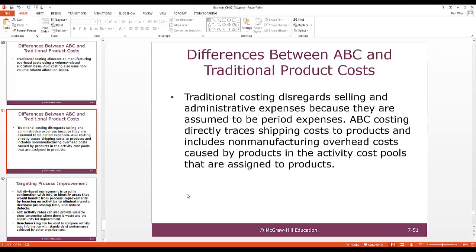Our traditional costing system generally disregarded selling and admin costs because they were assumed to be our non-manufacturing or period costs. In activity-based costing, we trace to the extent possible our shipping costs to individual products and customers directly, and we also include those non-manufacturing overhead costs caused by products in the activity cost pools that are assigned to products.